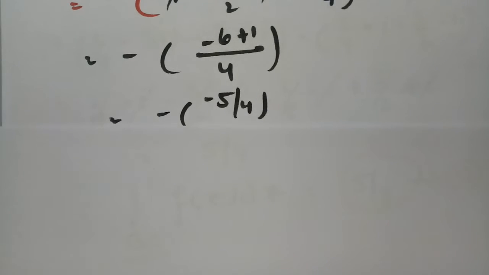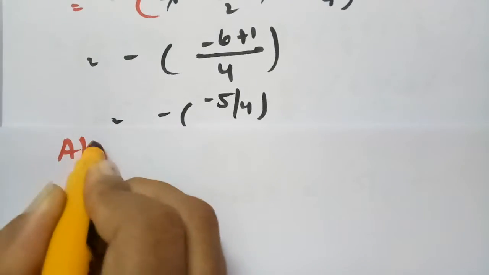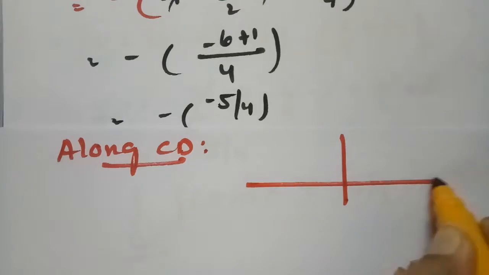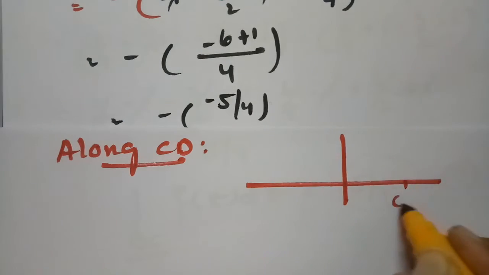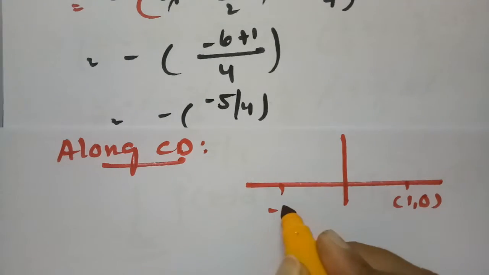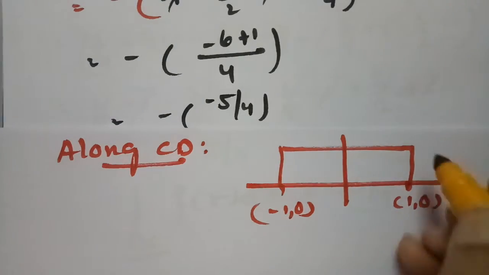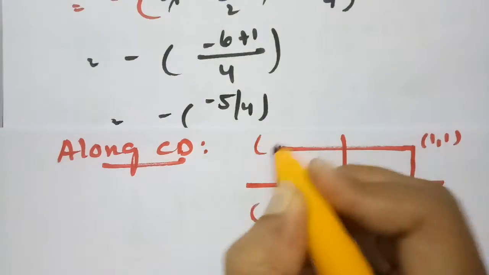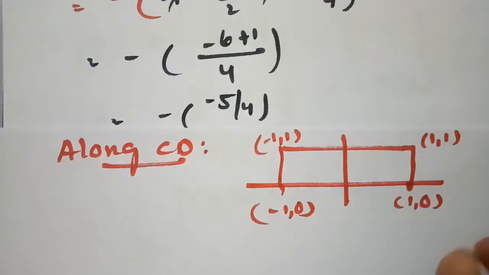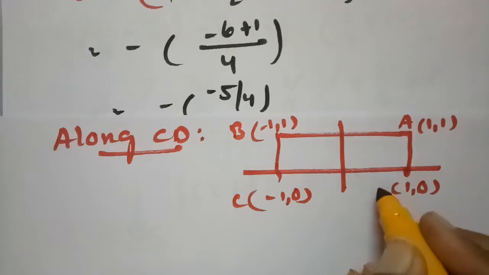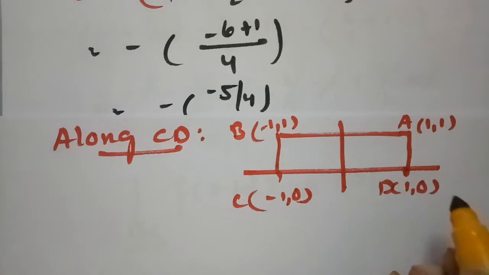See here, now along CD. So this is the figure. This point is 1, 0, and this is minus 1, 0, and this is the rectangle. This is 1, 1, and this is minus 1, 1, and this is A, B, C and D. So this is CD.